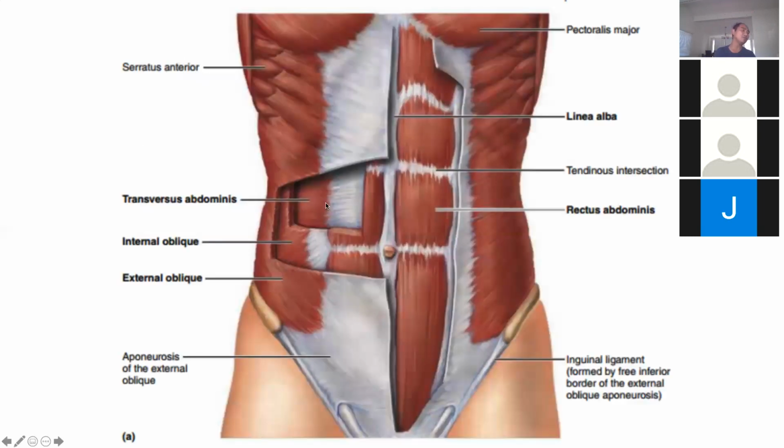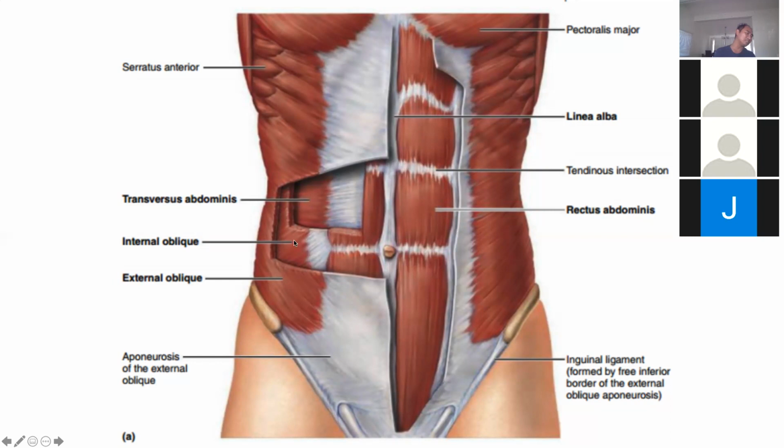So look at the abdominal muscles here, which we will talk about in detail when we talk about the abdomen and the gastrointestinal tract. So these are the arrangement. How many abdominal muscles do we have? How many layers? We have 3 layers, which is external oblique, because they are running downwards. So external oblique is in the same direction as the external intercostal muscle.